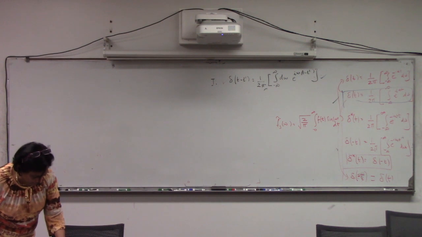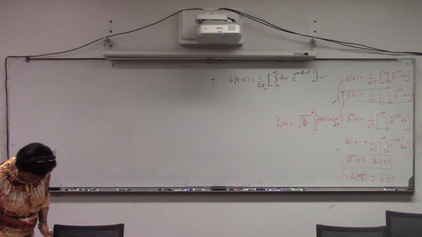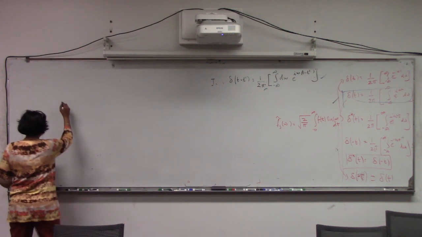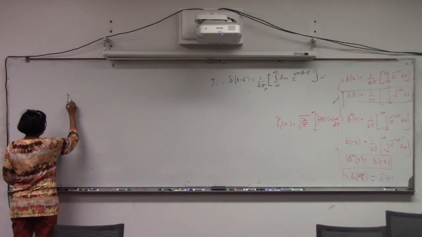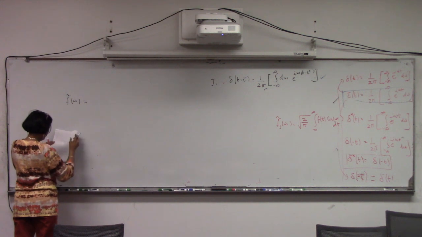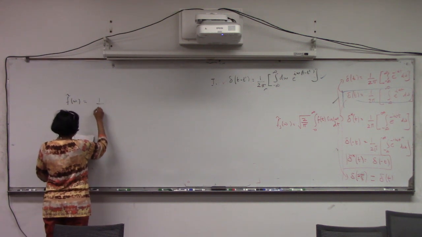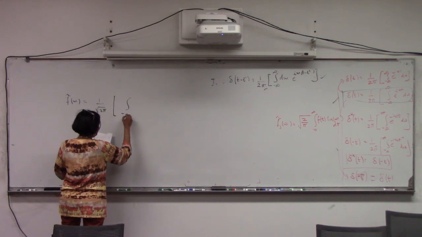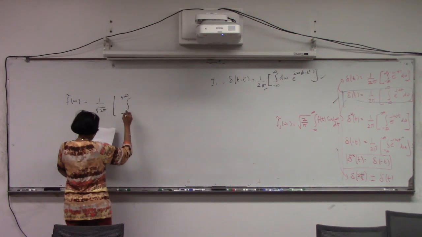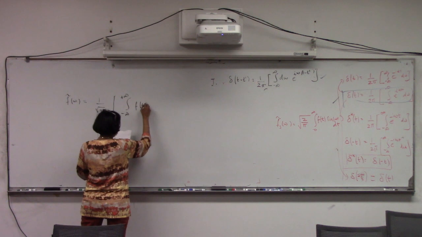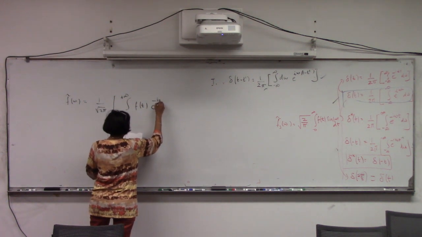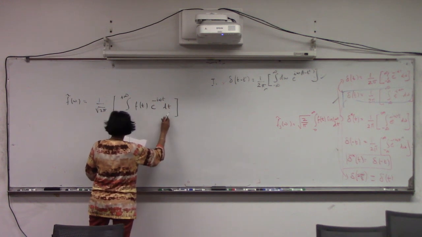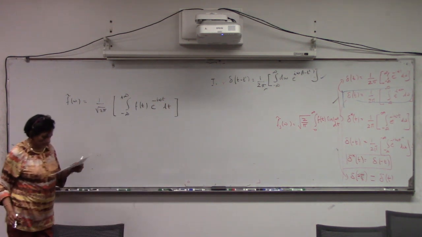All right, what we know is the definition of the Fourier transform, right? Let's go from there. So the Fourier transform of the function f of t, I can write as 1 over square root of 2 pi, integral from minus infinity to plus infinity of f of t exponential of minus i omega t, an integration over the time domain, because I have omega here, right?